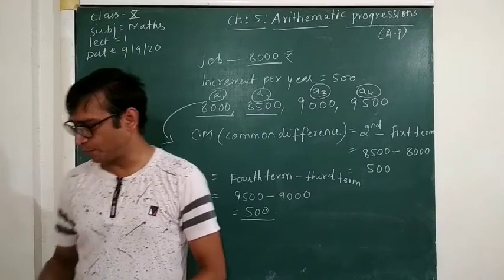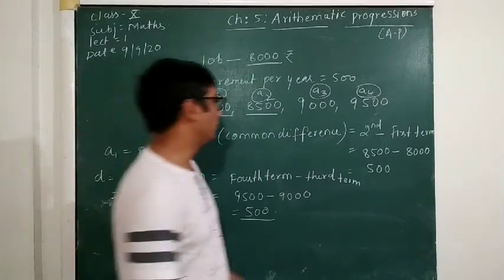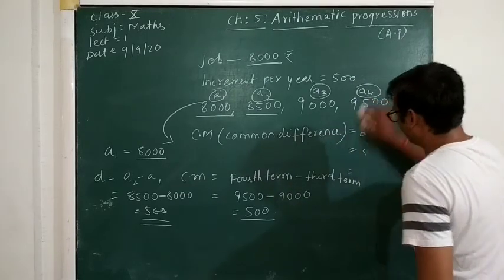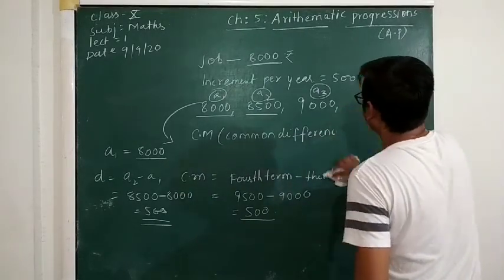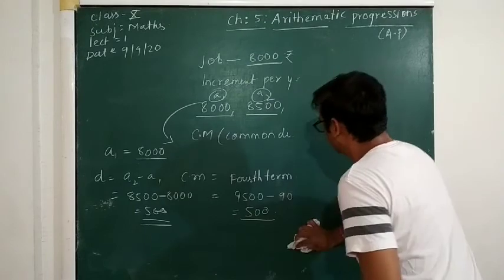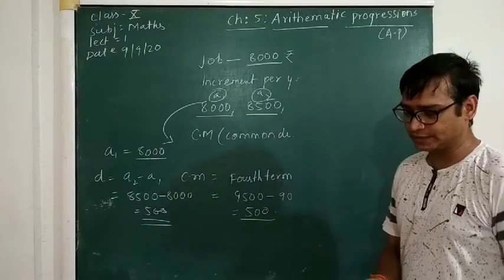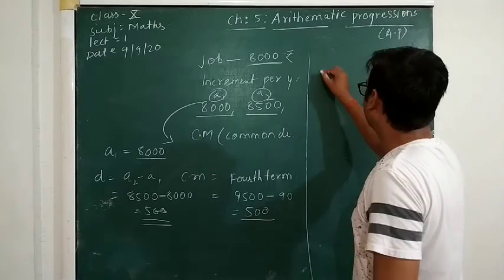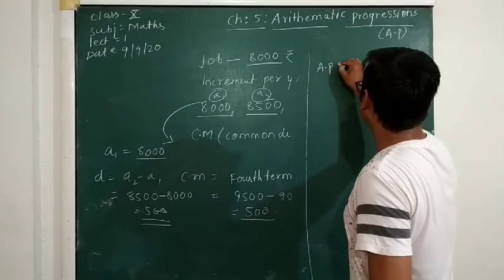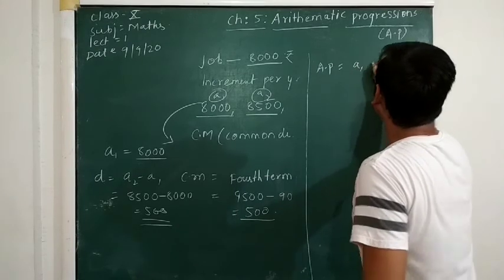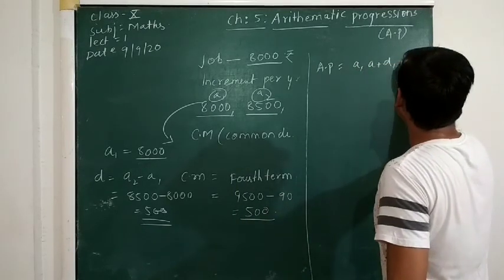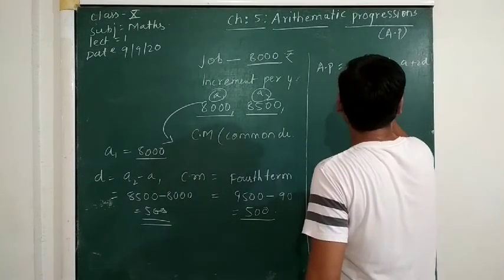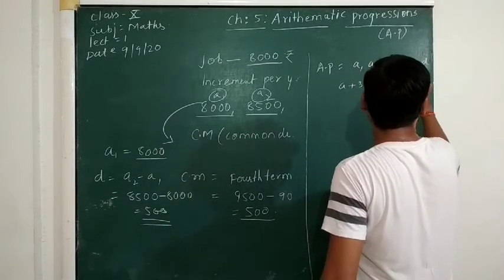So for an arithmetic progression, we come to the conclusion that we can write these numbers in a form: if a sequence is in AP, we can write A, A plus D, A plus 2D, A plus 3D, A plus 4D.